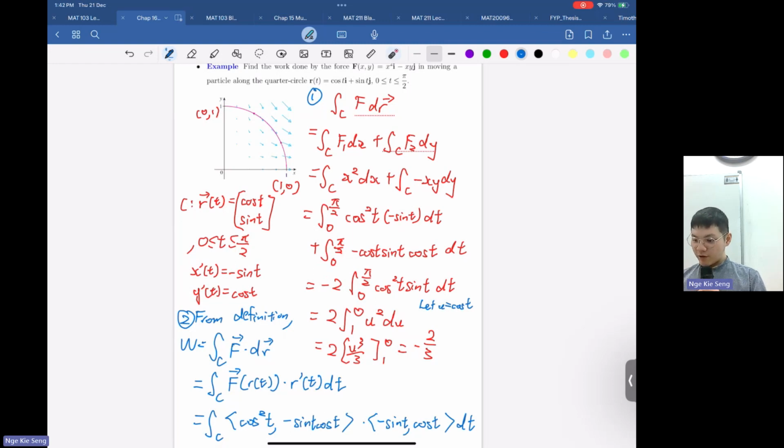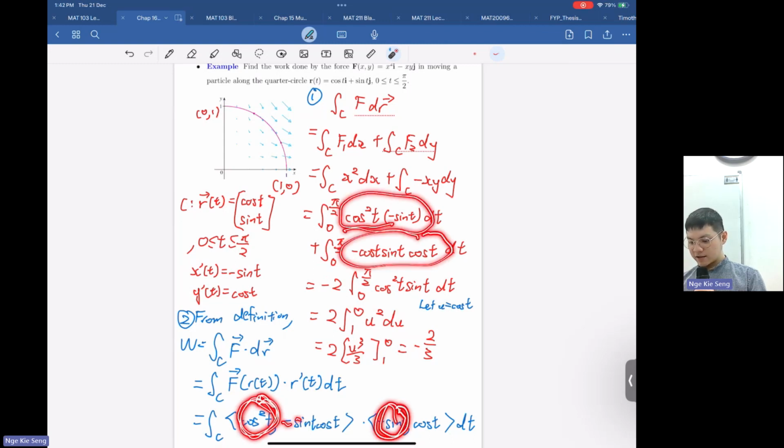If you open up this dot product, do you get the two items here? First term dot with the first term, so you get cos squared t times minus sine t. Then the second one, you get minus sine t cos t times cos t.